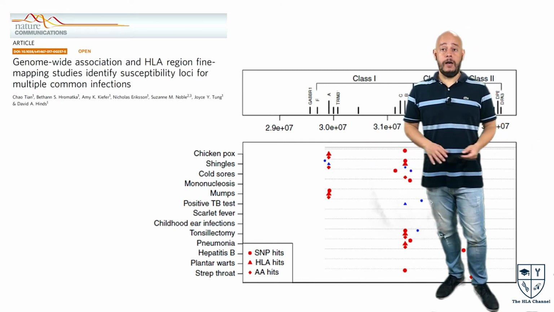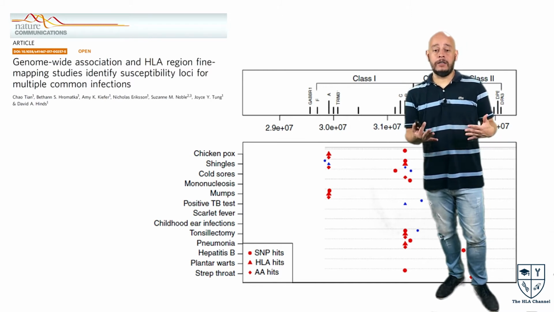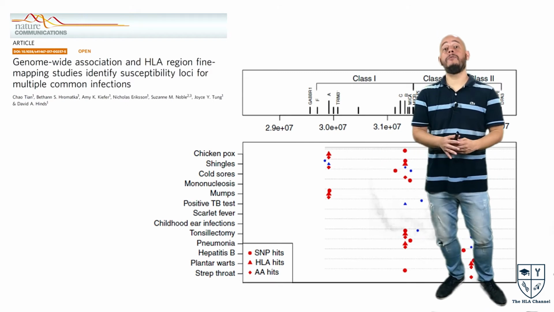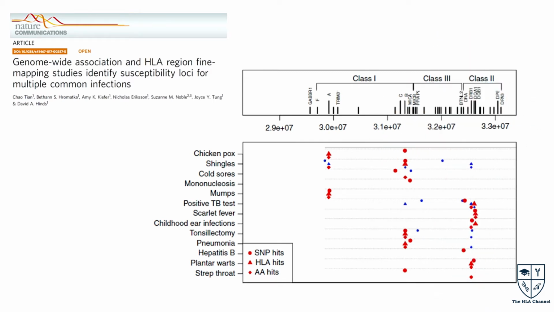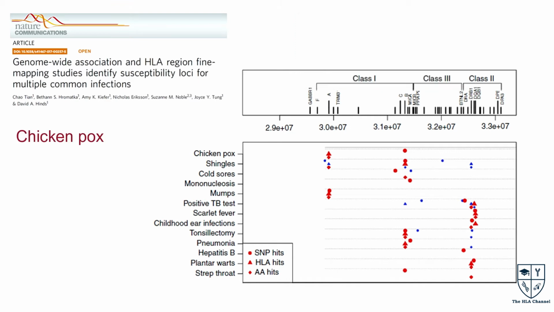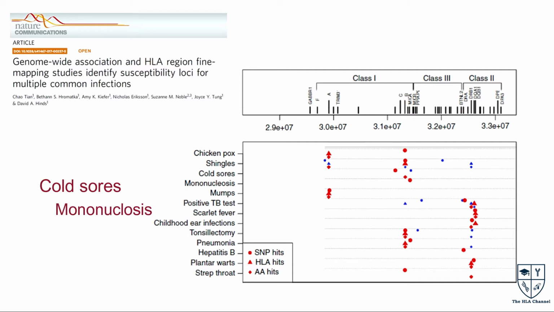First of all, I would like to talk about a paper that is not associating HLA with SARS-CoV-2, but with another disease. For example, Tian, in a genome-wide association, found many diseases associated with HLA. For example, chickenpox, herpes zoster, cold sores, mononucleosis, all caused by members of the human herpesvirus family.